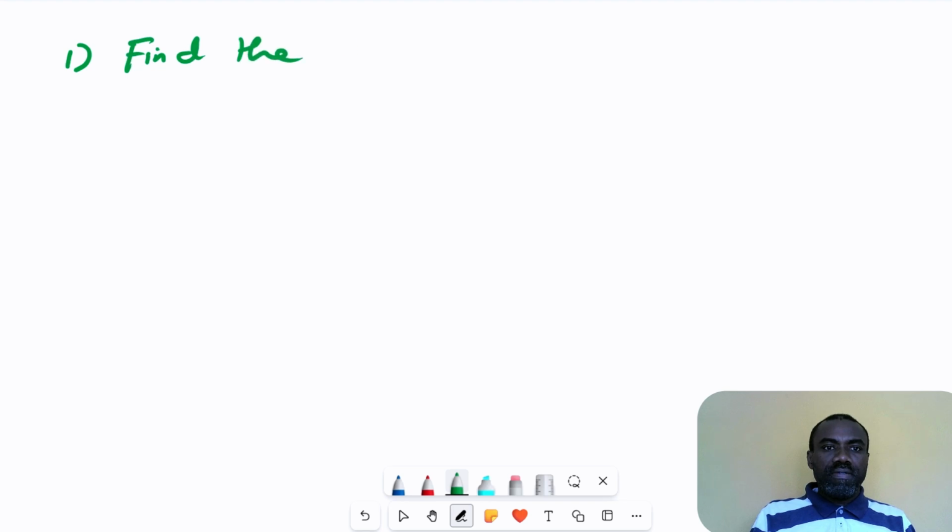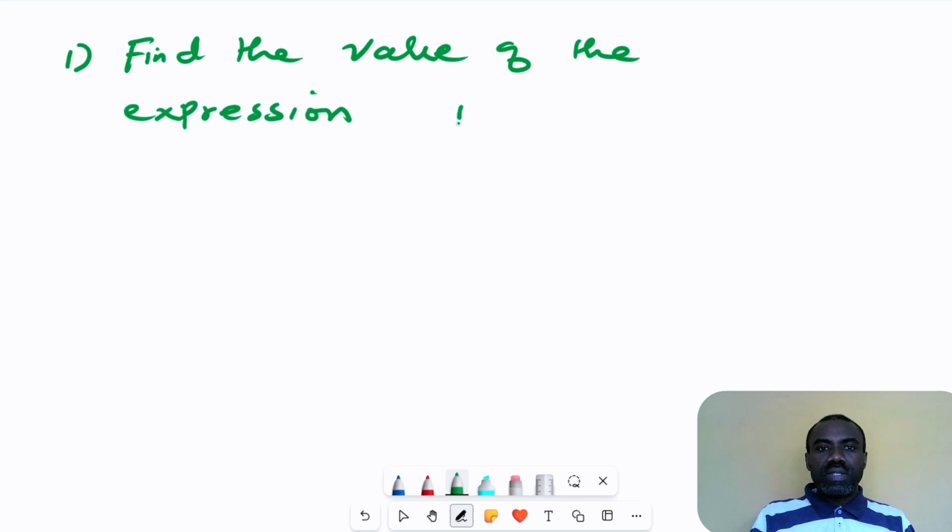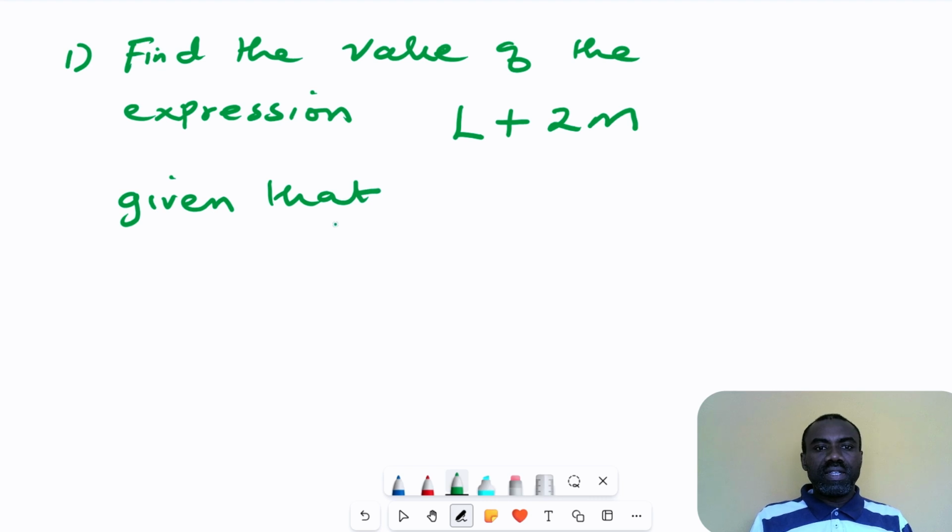Find the value of the expression given that L is equal to 50 and M is equal to 4.